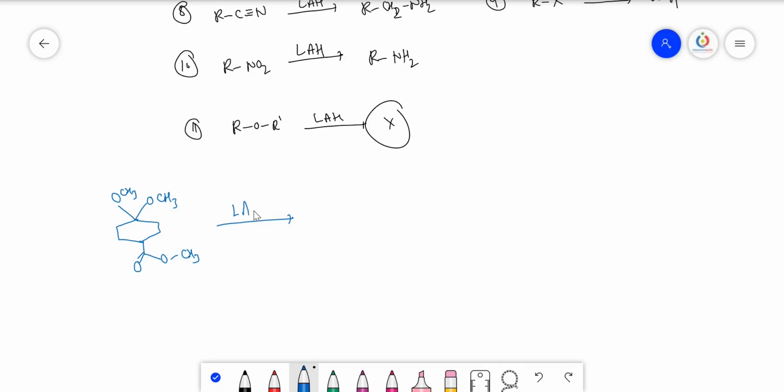Ethers are not reduced by the lithium aluminum hydride, but lithium aluminum hydride can reduce this particular ester to the alcohol. But if you use the sodium borohydride, it will not affect any of these functional groups. So that this is a CH2OH plus CH3OH.